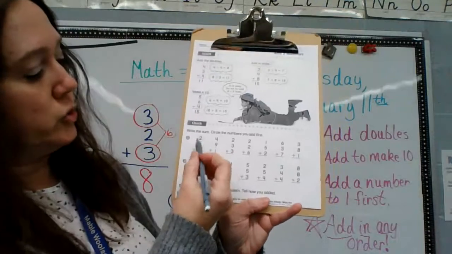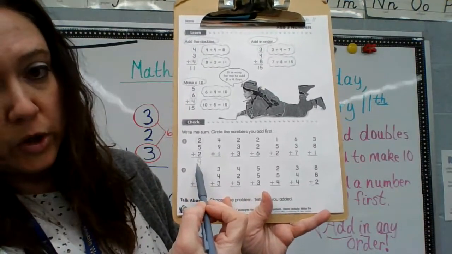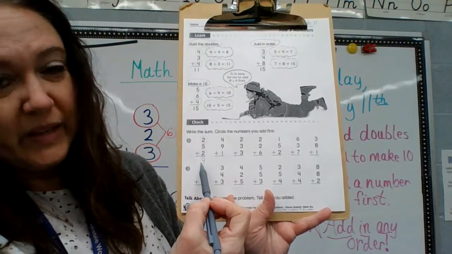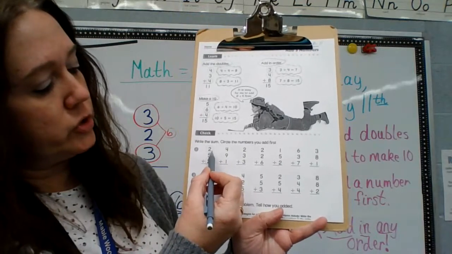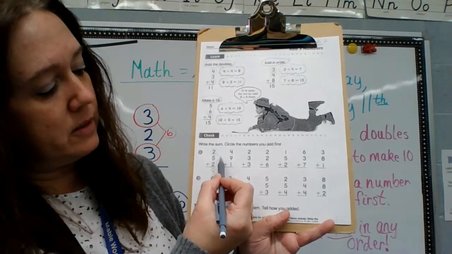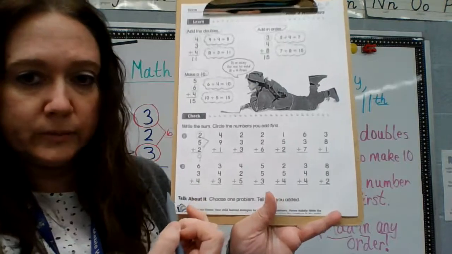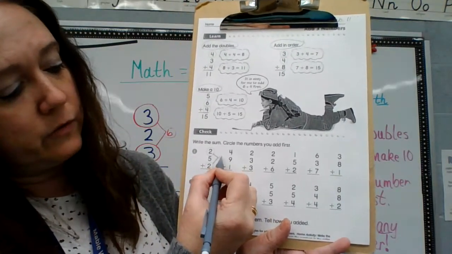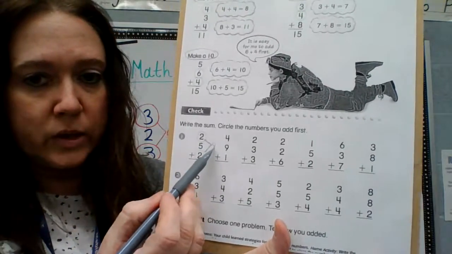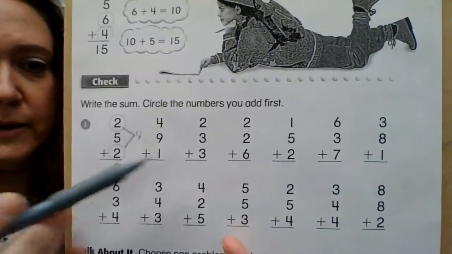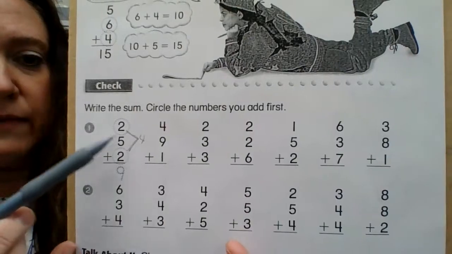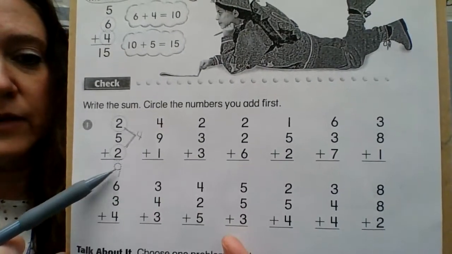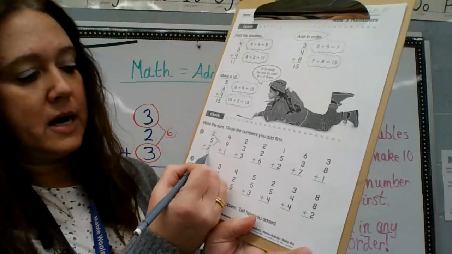If you wanted to, like they did the first one for you, if it makes it easier, you could do that like we did before, and you could say 2 plus 2 is 4, and then you would know, if you can see that, 2 plus 2 is 4, and then add 5 to get 9.